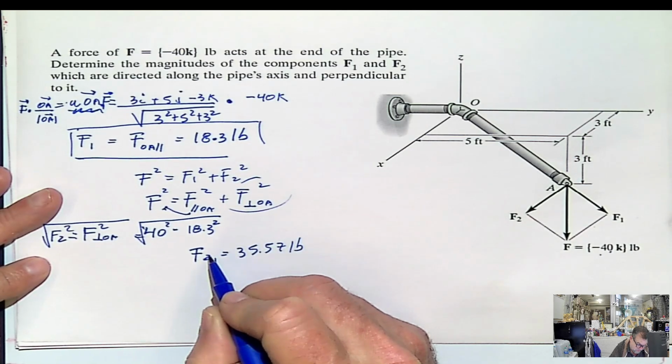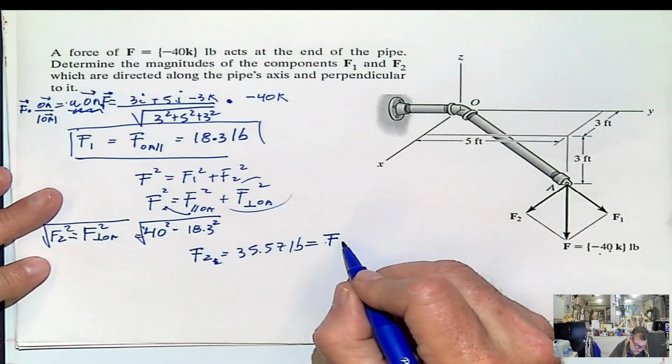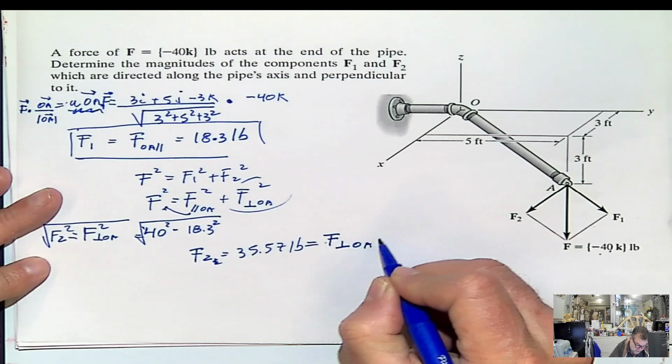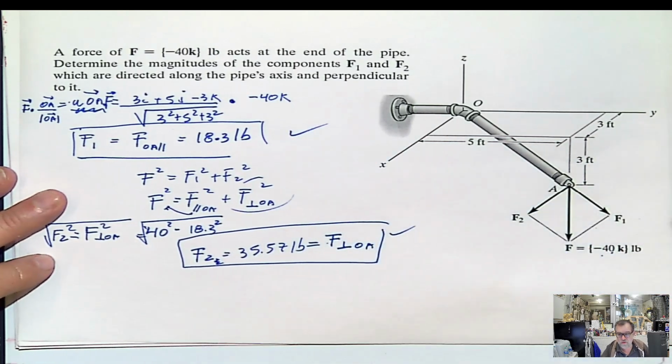That will be F2, which you can call also the component of F perpendicular to OA. Whatever notation you like, that will be the answer for this problem.